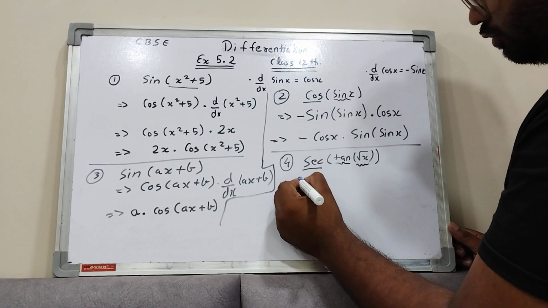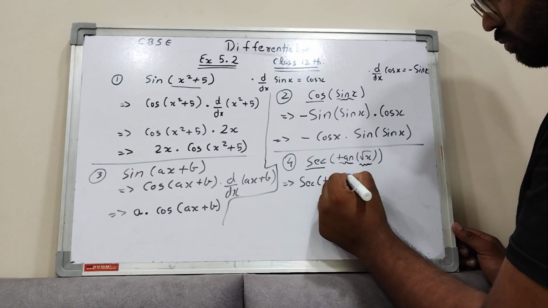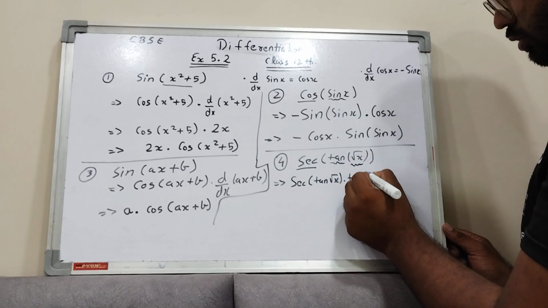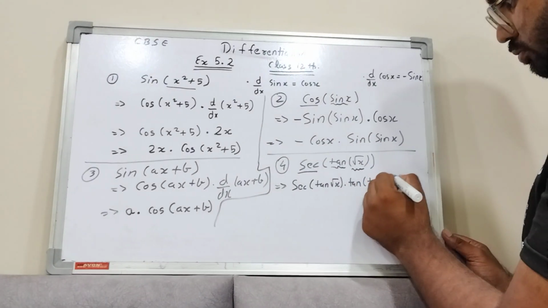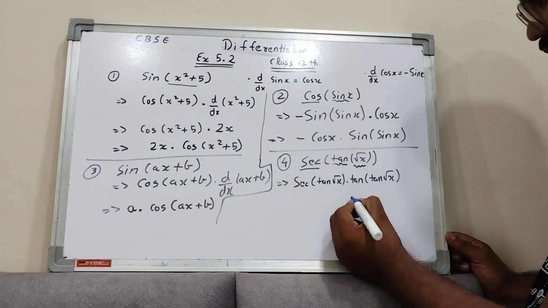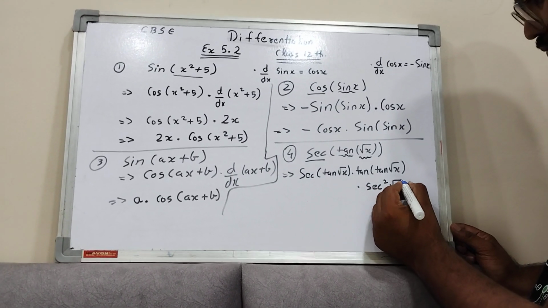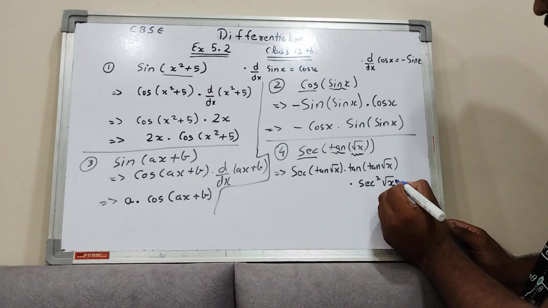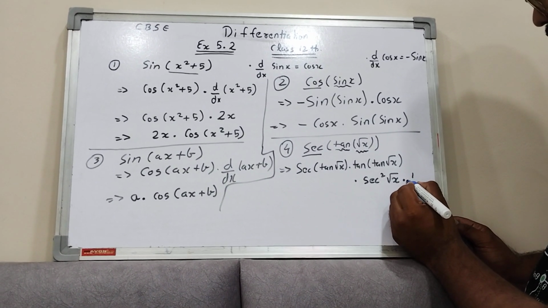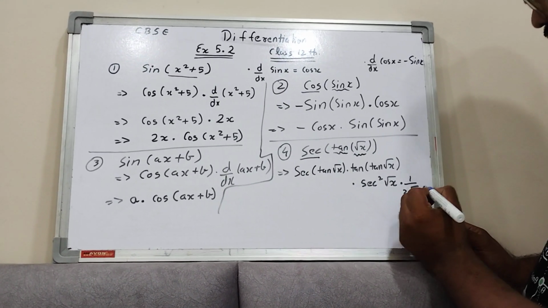So our answer would be sec of tan root x, let's copy it, into tan of tan root x, then the differentiation of tan root x, which is sec square root x into the differentiation of root x, which is 1 upon 2 root x.